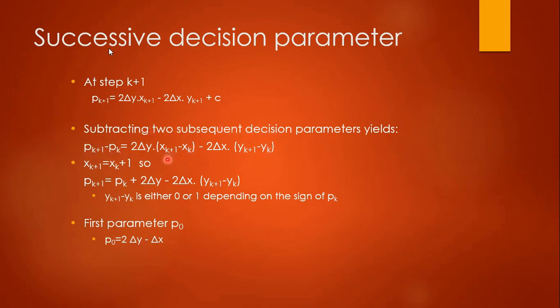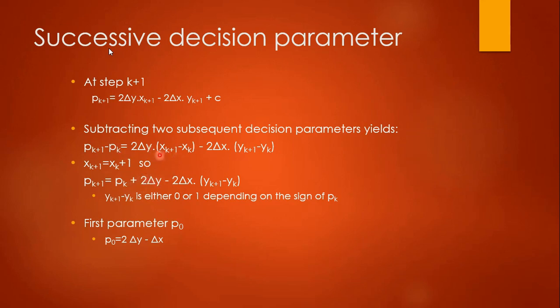What about this xk plus 1? It is the next pixel position on the x-axis, so xk plus 1 is equal to xk plus 1. If you substitute this in the formula, the xk and minus xk cancel, and you get pk plus 1 equal to pk, brought to this side, plus 2 delta y.